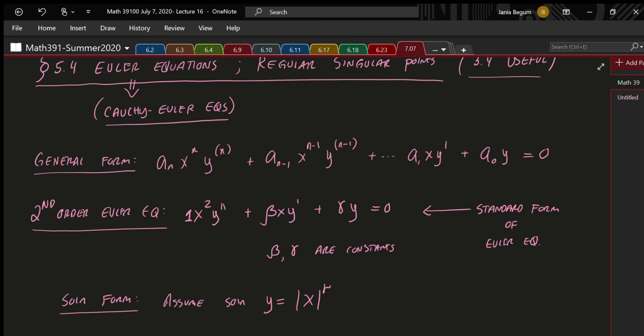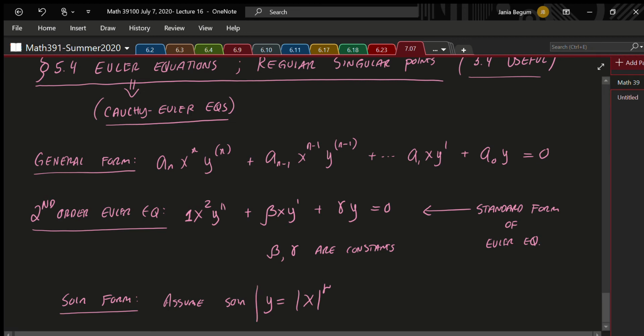It makes sense because if you see the coefficients of these derivatives, they're all polynomials. So it would make sense to assume that the solution also looks like a polynomial, x to some power r. So r is just any real number. Now, this can be written in two different ways.